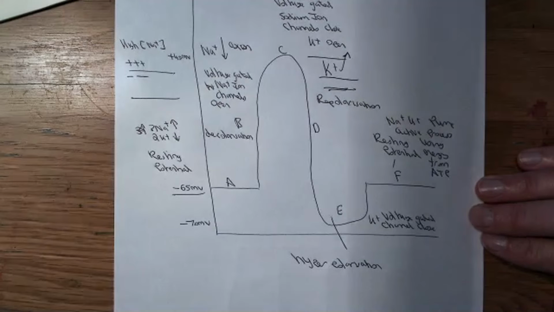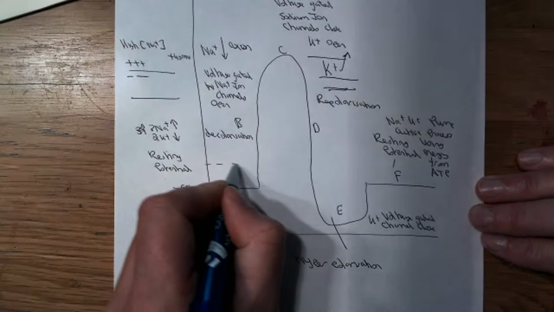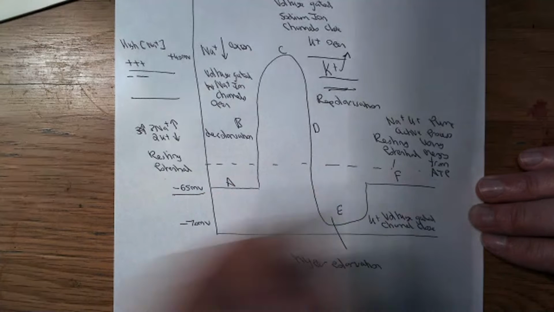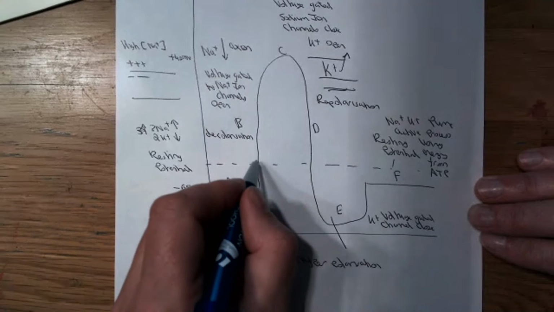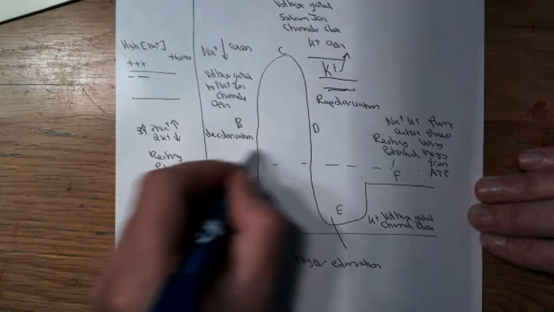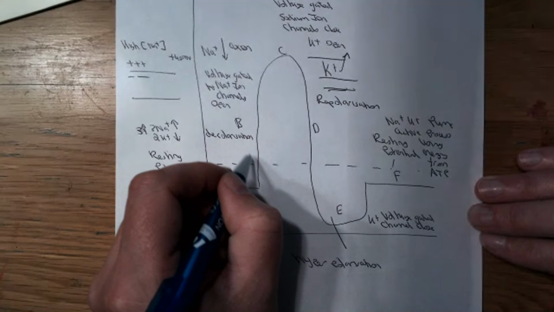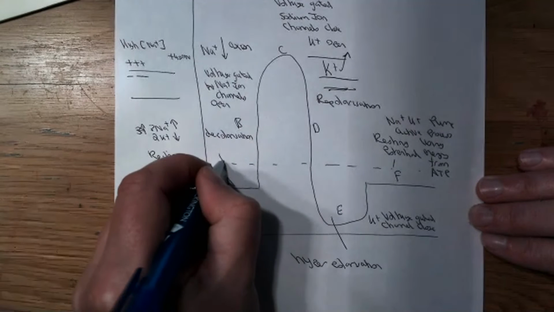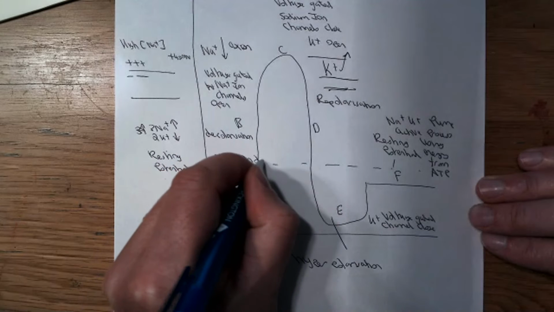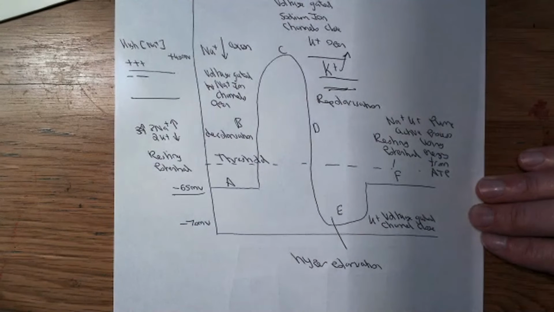Final point that you can mention is that there's a threshold at which point all of the sodium ion channels open if the charge of the axon goes above threshold. Okay, so that's about 16 marking points there that you need to ensure that you're remembering.